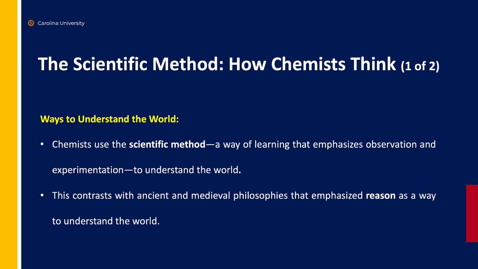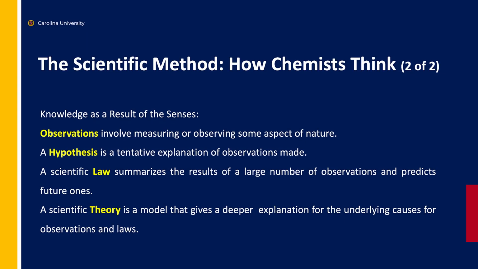These key characteristics include observation, the formulation of hypotheses, the testing of hypotheses by conducting experiments, and the formulation of laws and theories. The first step in acquiring scientific knowledge is observation, which is the measurement of some aspects of nature.